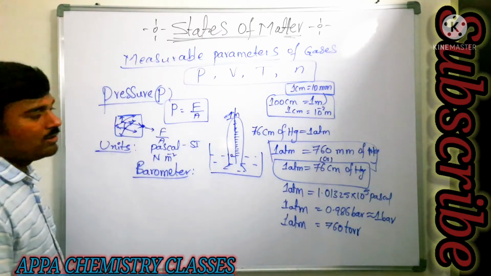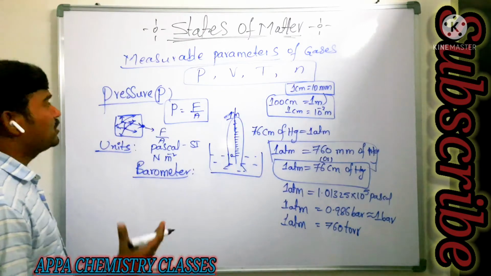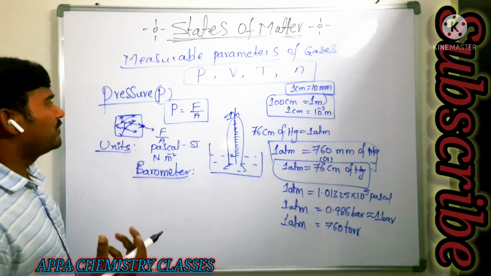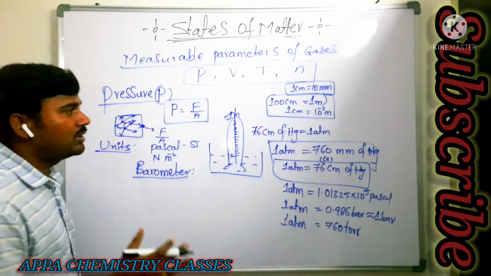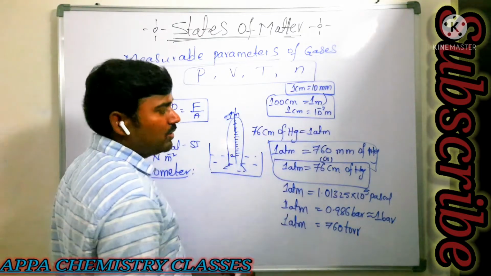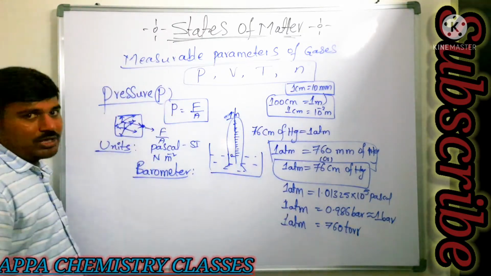So these are the different measurements which we use for measuring the pressure of a gas. Is that clear? These values are very important in the calculation part.